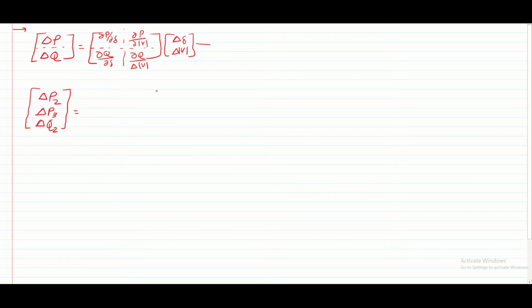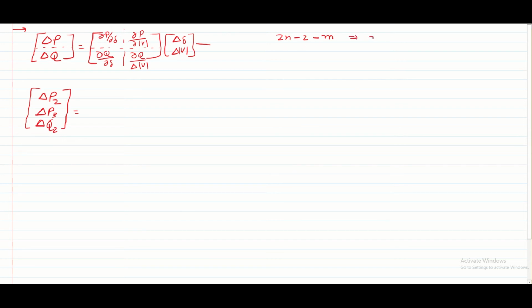Next, before formulating the Jacobian matrix, from the very basic equation we will calculate the size of the Jacobian matrix. In the previous lecture I discussed that the size of the Jacobian matrix is calculated from 2n minus 2 minus m, where n is equal to the total number of buses.